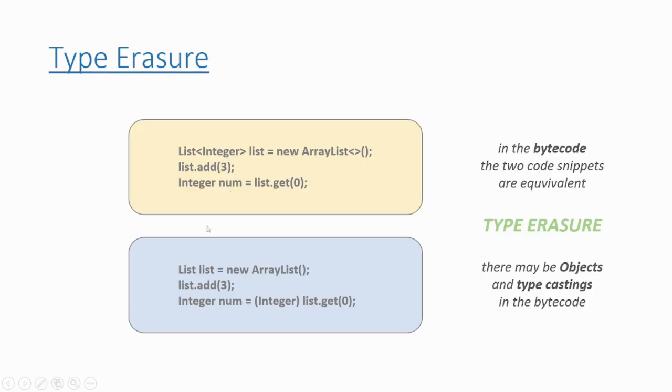After type erasure, like I told you, it will rewrite this code like this. It will use typecasting. So after type erasure, the equivalent code would be like this: List list equals new List, list.add of Integer num, and we are doing the typecasting on whatever value we get from this.